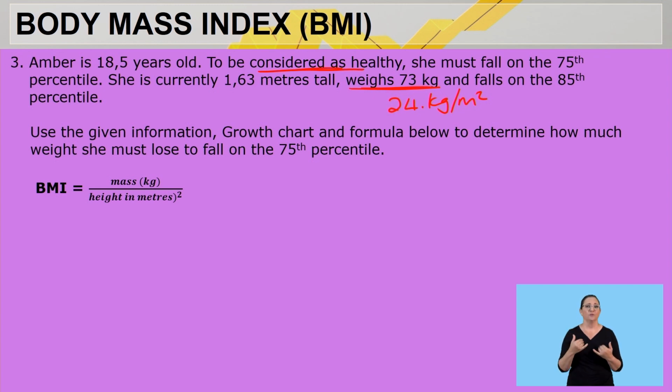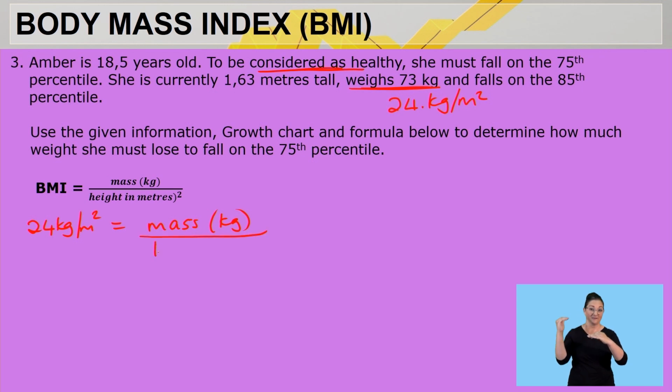So now I will start by looking at my formula. I will start by substituting this 24 kilograms per square meter. I'm looking for my mass, and that should be in kilograms. Are you still with me? Divided by my height in meters squared.